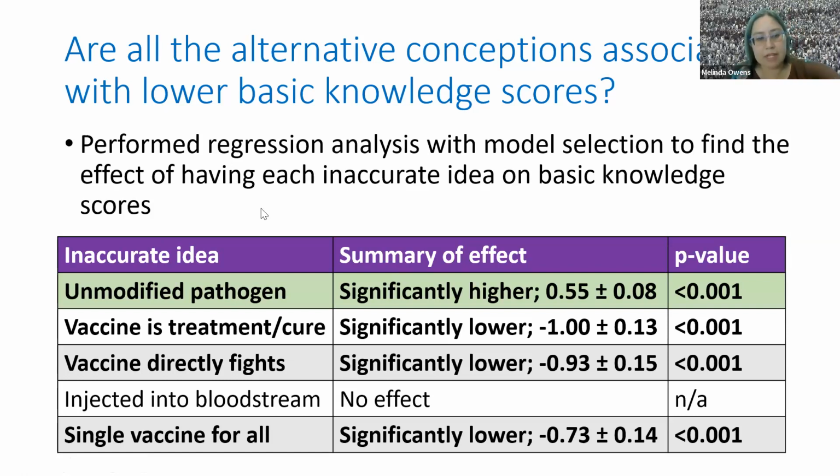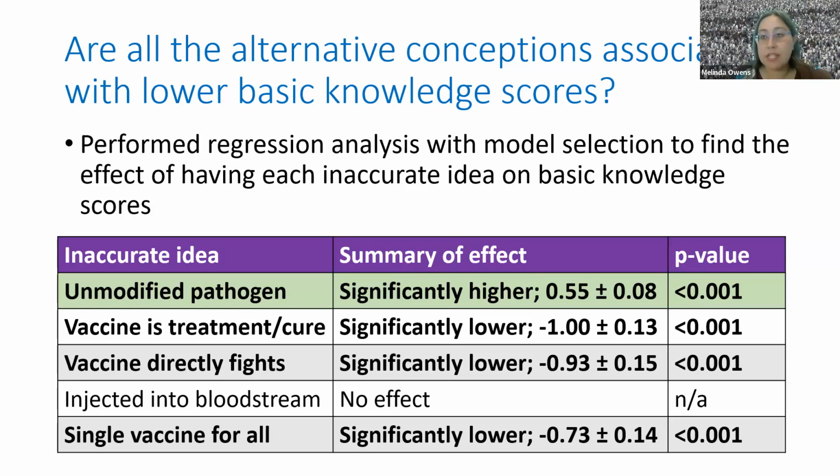And then finally, what I thought was interesting was that this idea that the vaccine has an unmodified pathogen was actually associated with a significantly higher basic knowledge score. Now, you might say, well, that's a little unfair, because if you know it's the unmodified pathogen, you kind of automatically know that it's pathogen-like, because pathogens are similar to themselves, right?